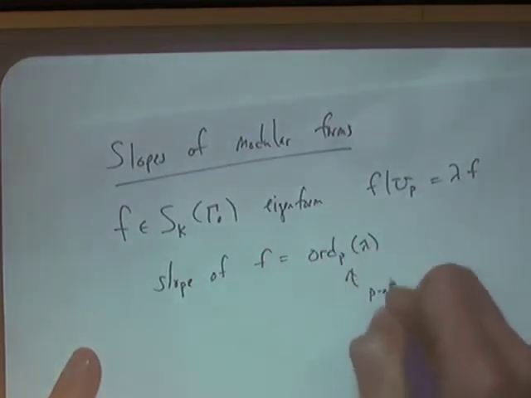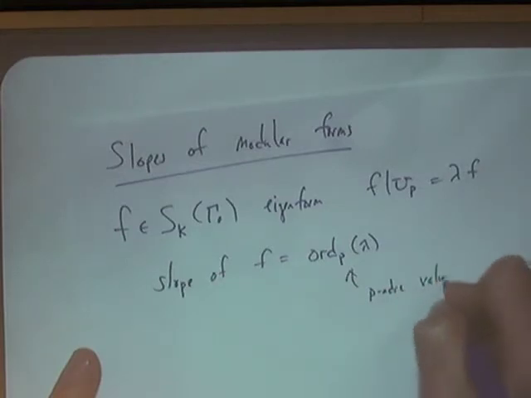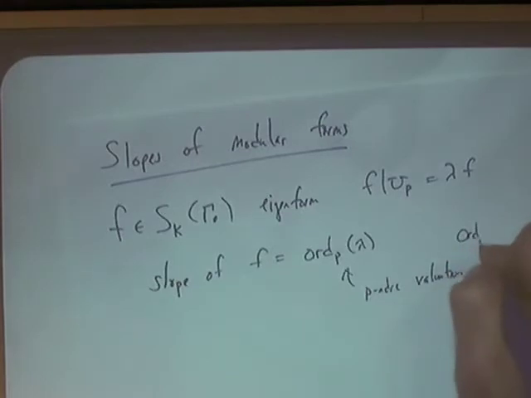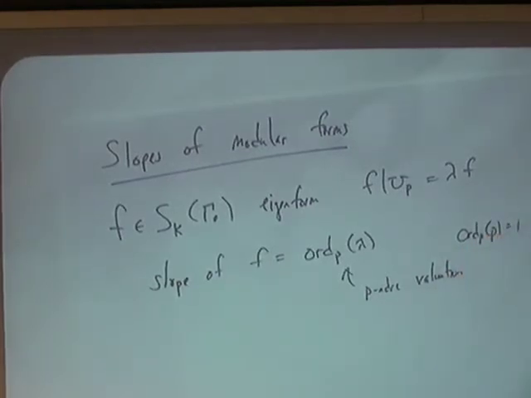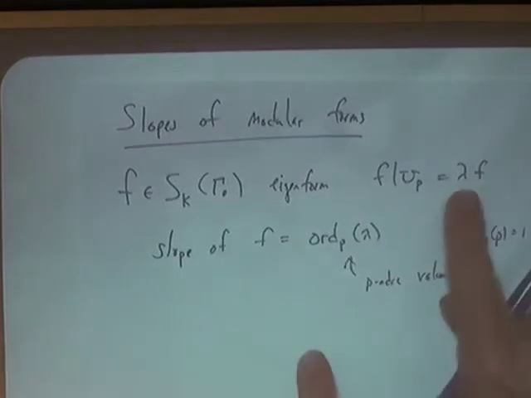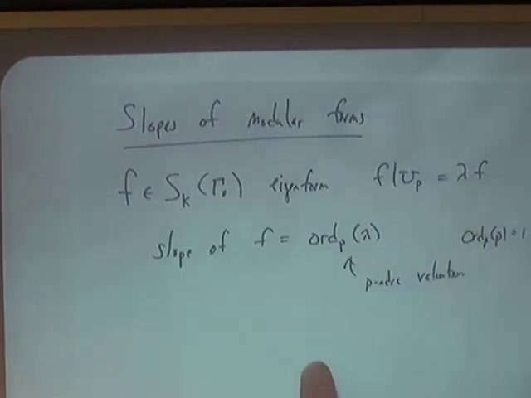This is p-adic valuation, where I'm normalizing this ORD p function to be ORD p of p is 1. ORD p of a unit is 0, like ORD p of the square root of p is a half, something like that. And so the bigger the slope means the bigger the valuation of the eigenvalue of UP.